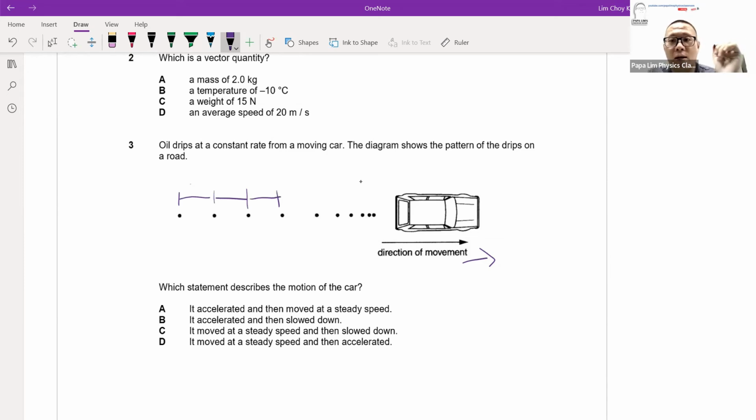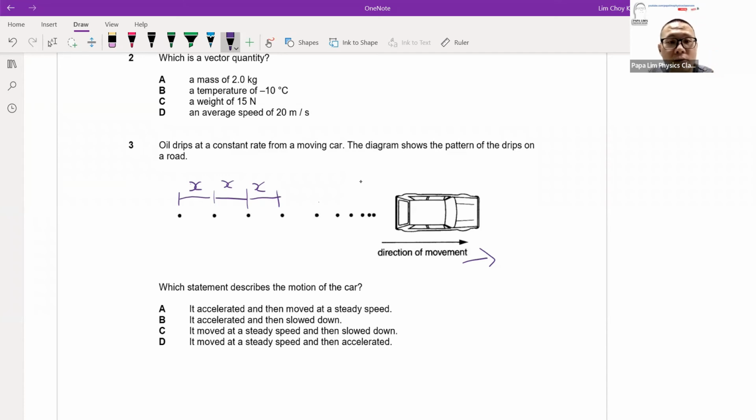This means the oil is dripping at a constant rate, so the interval between the oil drips is equal. The spacing here is equal, so it means the car is moving at a constant speed at these particular instances.